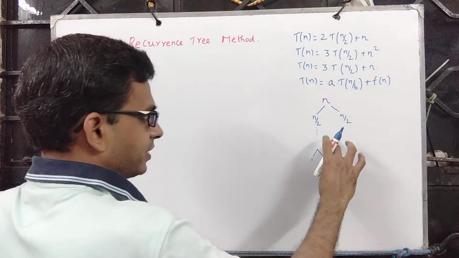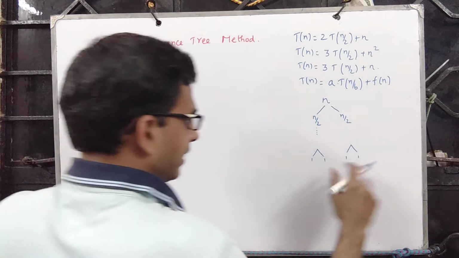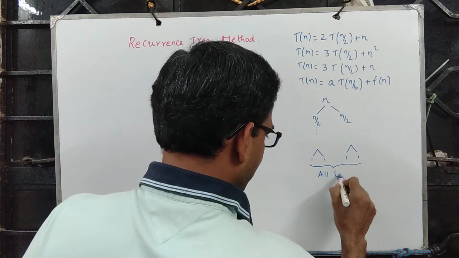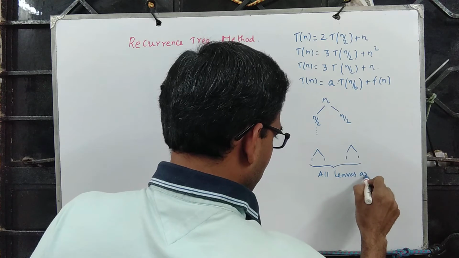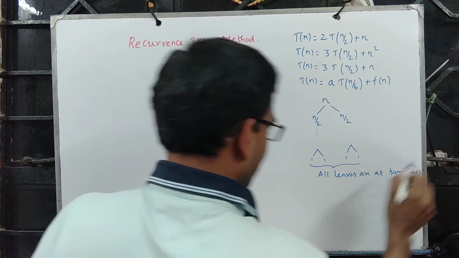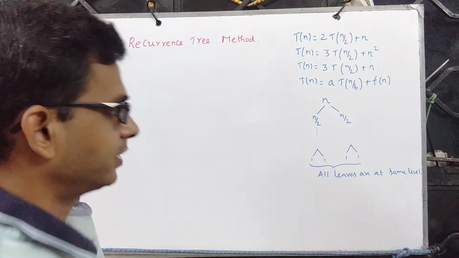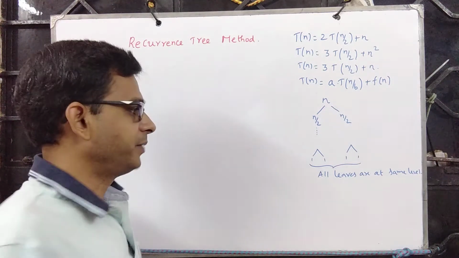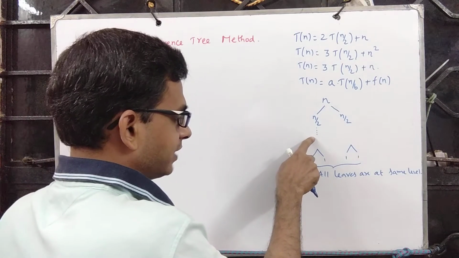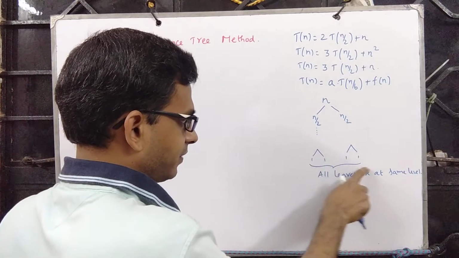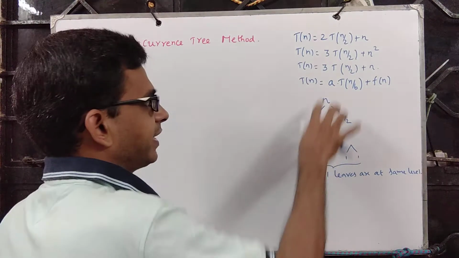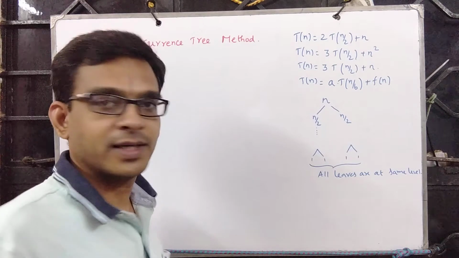Now if you look at this tree, all leaves are at the same level. There is no uneven split, meaning it is not the case that there is a leaf here, a leaf here, a leaf here. No, it is a uniform split. So is the case with other recurrence relations as well.